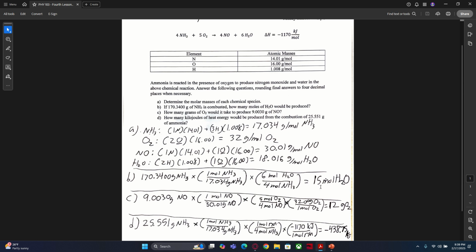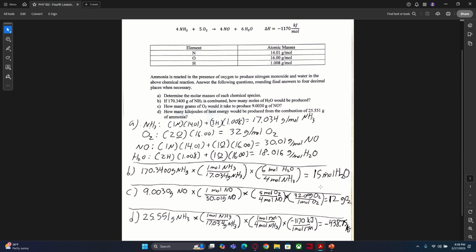Question B. What that asks is, if 170.34 grams of ammonia is combusted, fully reacted in the above chemical reaction, how many moles of water would be produced? Well, when we go from one type of chemical to a totally different type of chemical, we need to use mole-to-mole ratios.